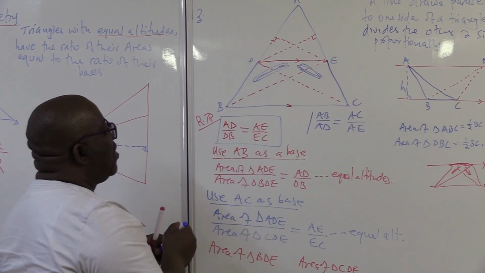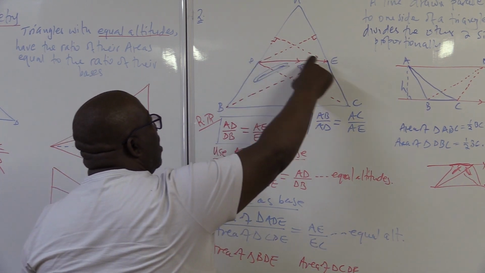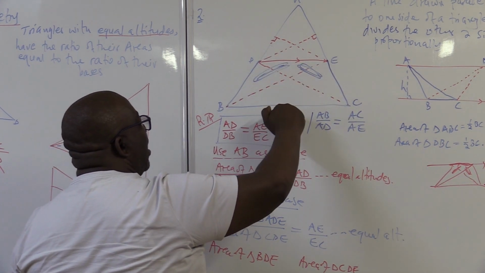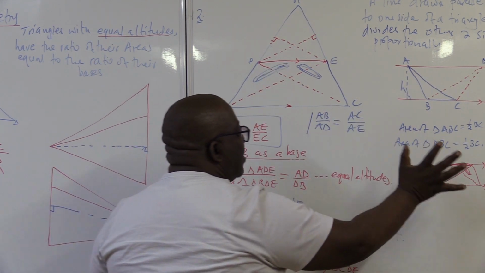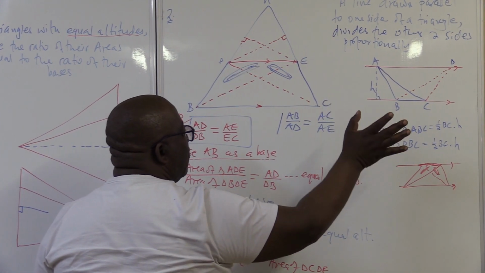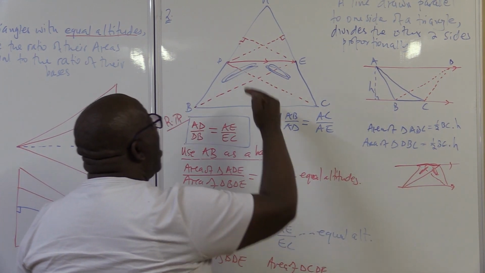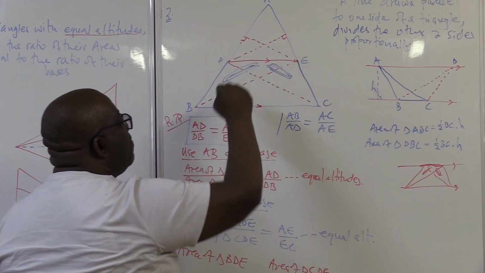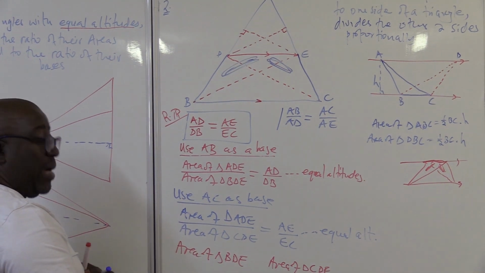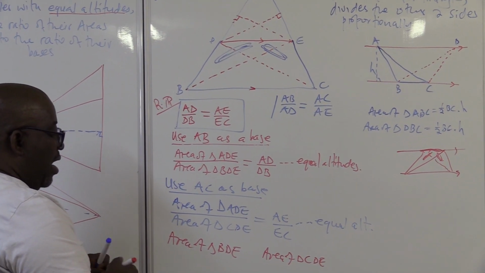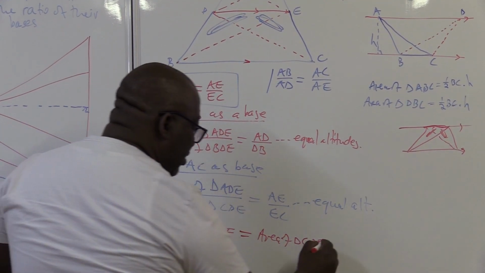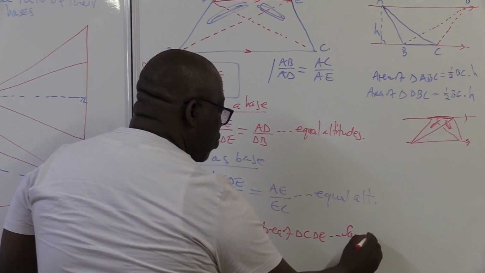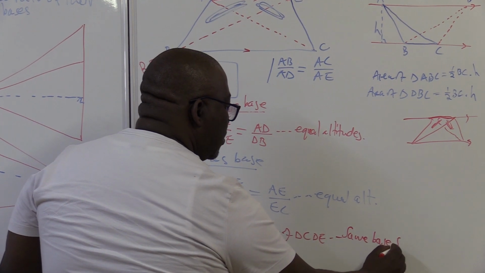This one is between the same parallel lines and they share the same altitude. It is exactly the same scenario as this one, and we've already proven that this area is equal to that one. Hence, because they share the same base and are between the same parallel lines, these two areas are the same, and we state the reason: same base, same parallel lines.